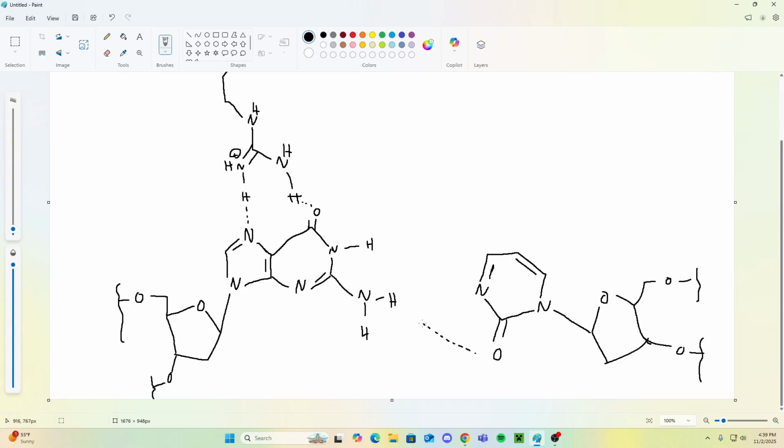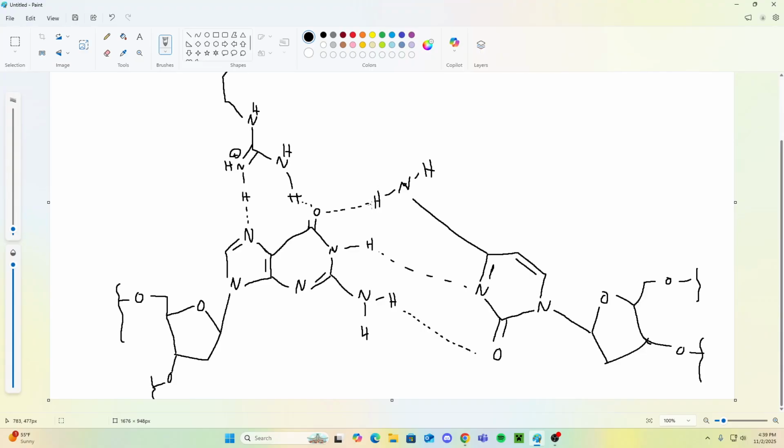And I could have drawn this a little bit better, but this oxygen should be attracted to one of these hydrogens on the guanine. This nitrogen group is attracted to this hydrogen here, and then there's a nitrogen group coming off of here that I'm going to stretch real far, but in plane these bonds stretch and come back all the time.